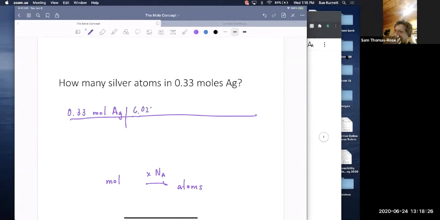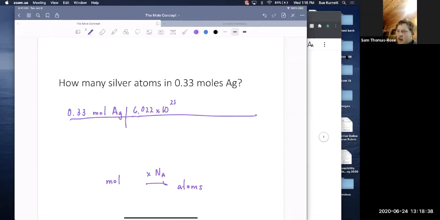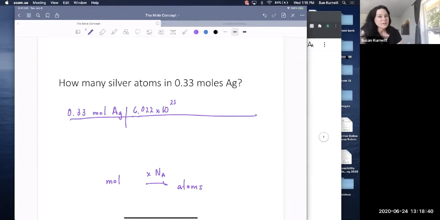Really quick, from silver, you're using what number from the periodic table? I don't need a number yet. It's okay. Number 47. Okay. But I don't need it yet because I don't need a periodic table if I'm working with Avogadro's number. We will need it in a minute though. Okay.